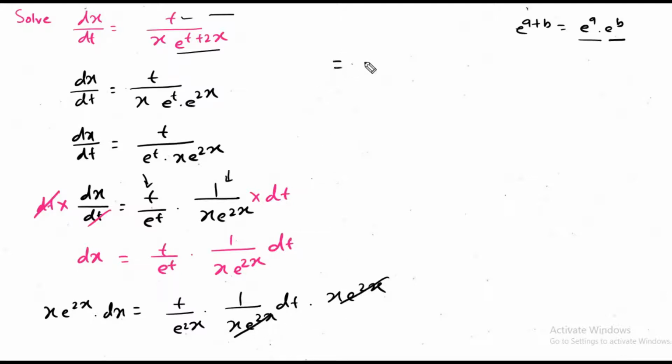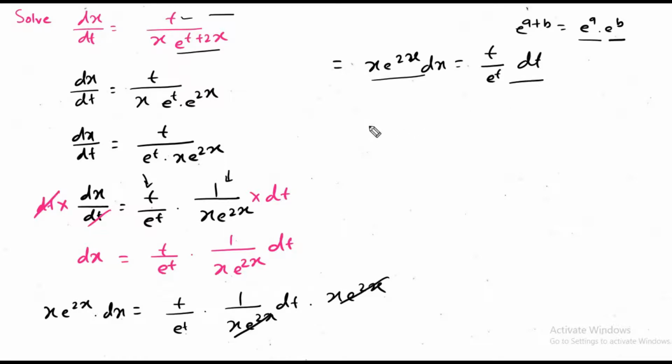So the equation becomes x into e to the power 2x dx is equal to t by e to the power t into dt. Here the variables are separated on both sides.